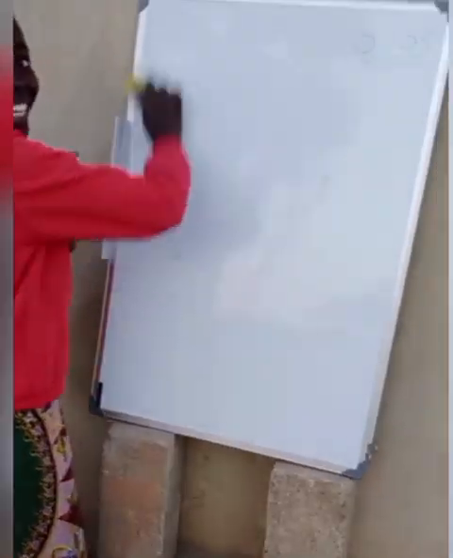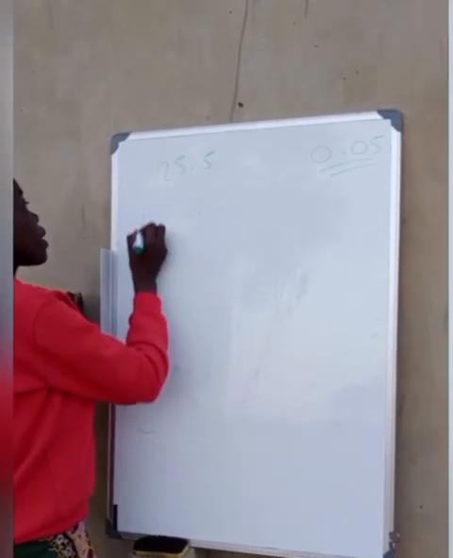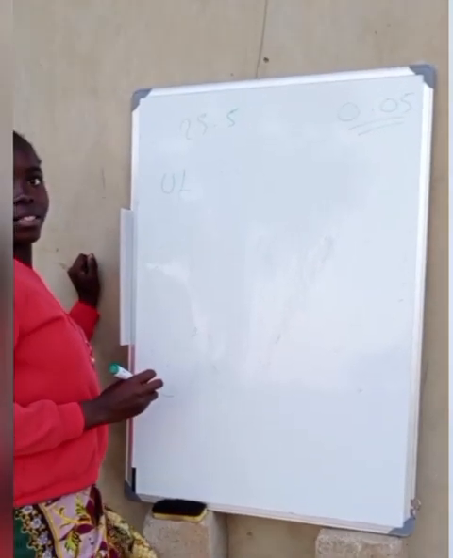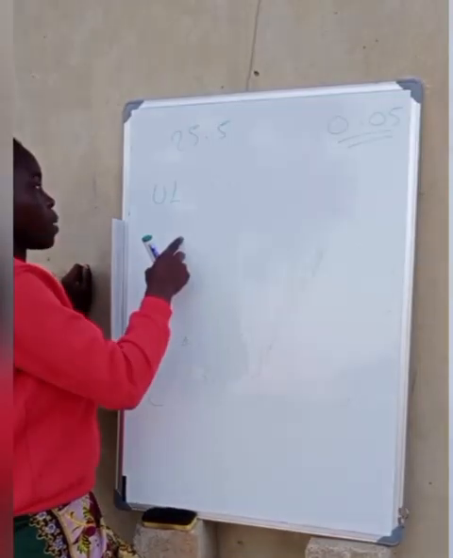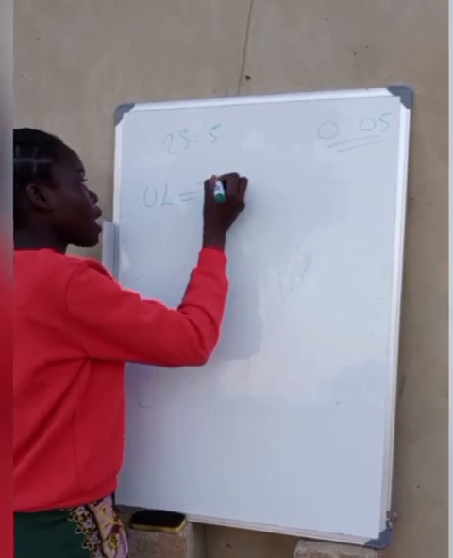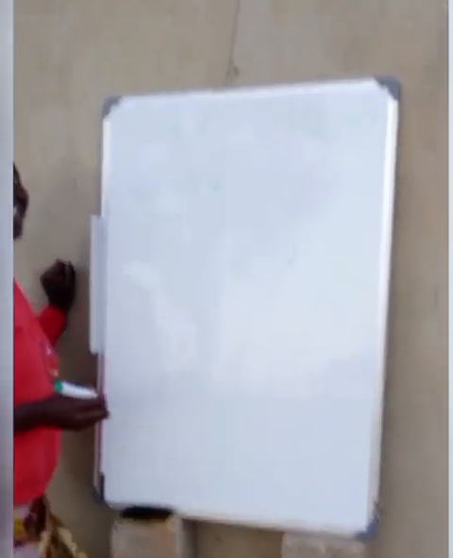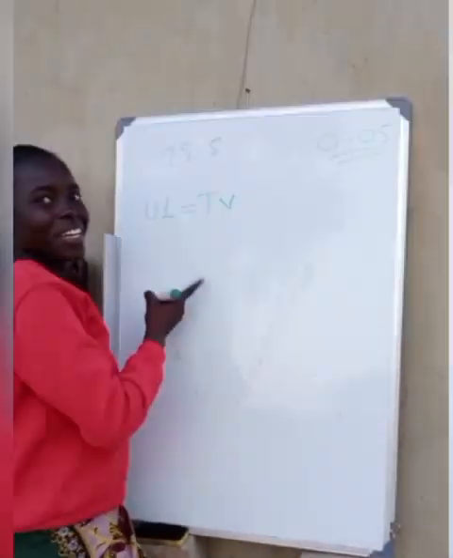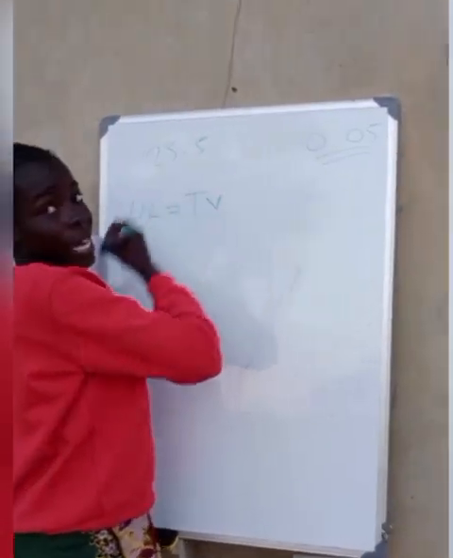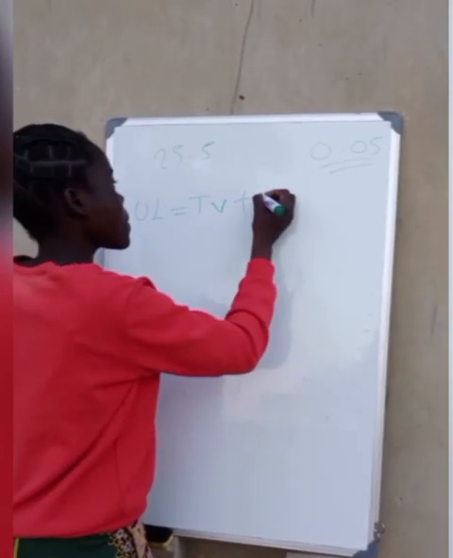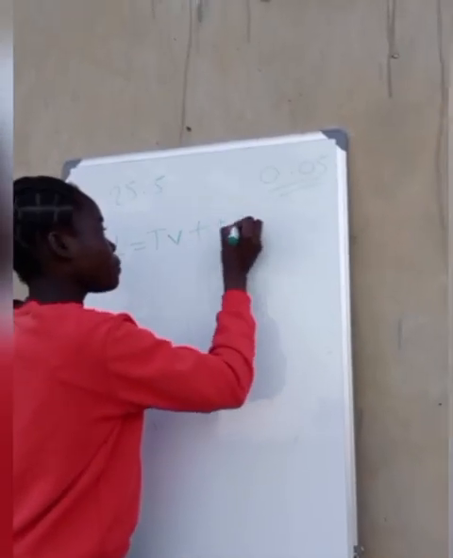This is perfect. Since we have done the lower limit, we now go to the upper limit. It's equal to the true value. We always add since it's more than. So we say plus the absolute error.